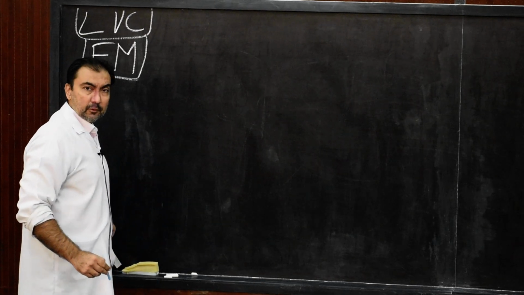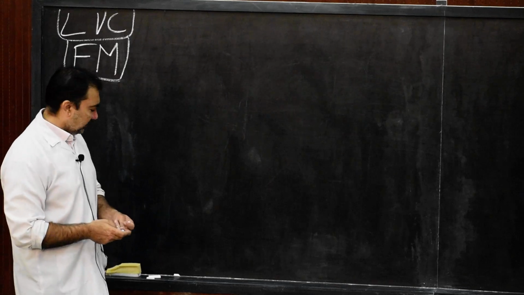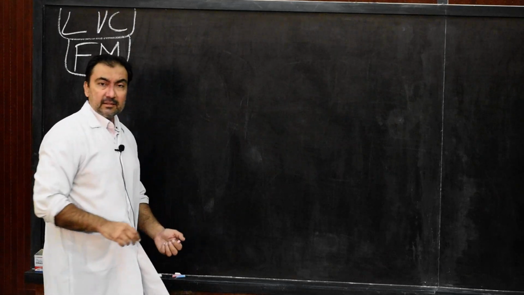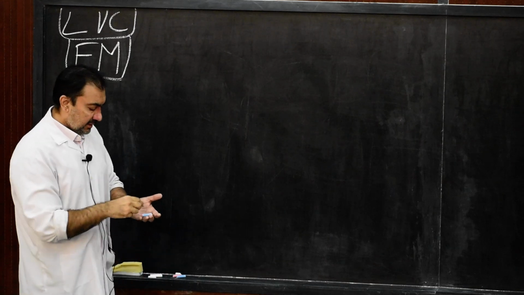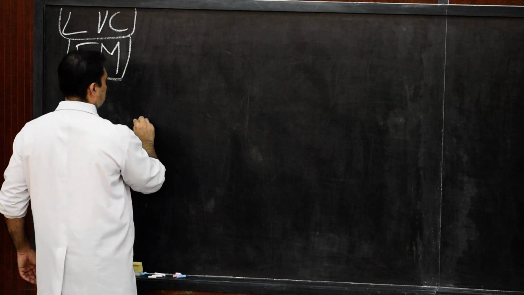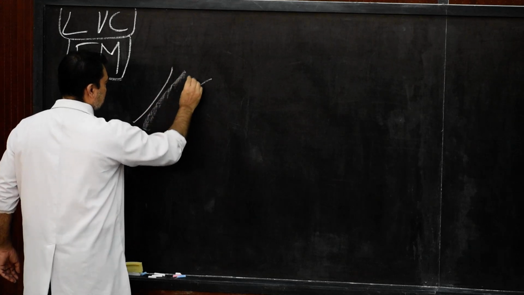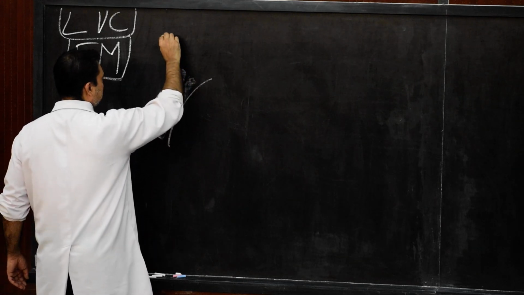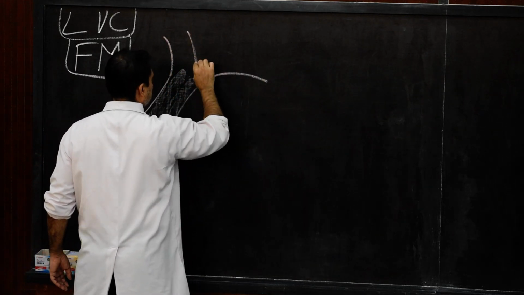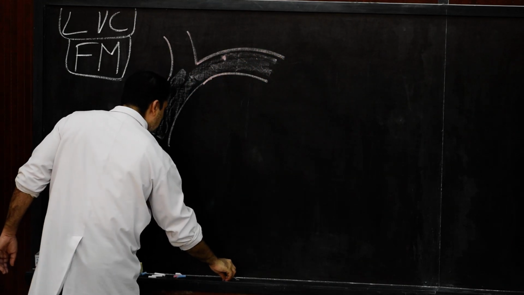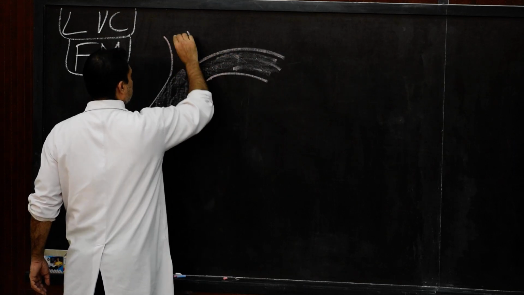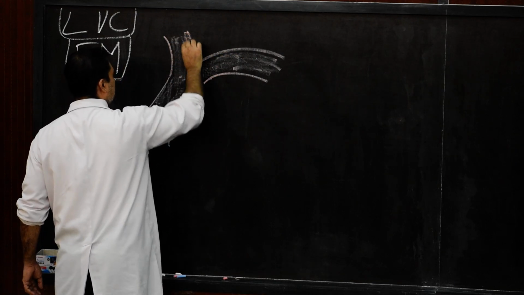It is basically a fold of the serous pericardium which will extend between the left pulmonary artery and the upper left pulmonary vein. So if we draw the pulmonary trunk and show its bifurcation, then this is the left pulmonary artery and this is the right pulmonary artery.